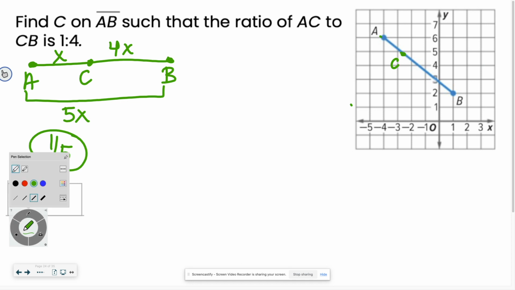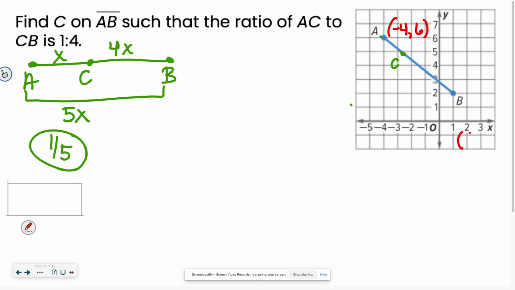Yep, and now it's the same problem. So I'm going to label my ordered pairs over here. Let's see, -4, 6. This guy is 1, 2. Thank you. Okay, so if we start with our x's, what's the distance between our x coordinates? 5.